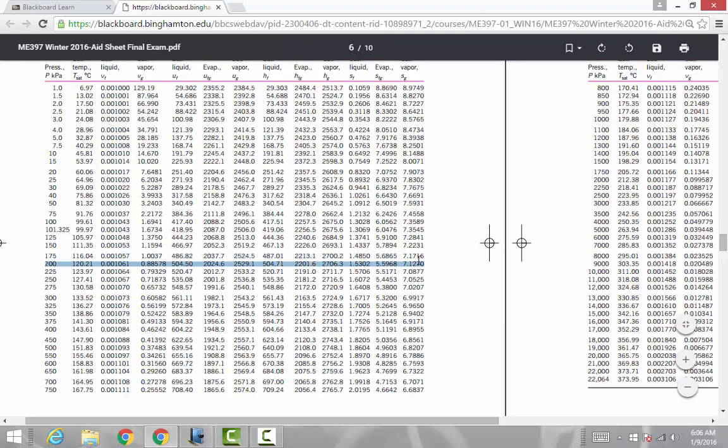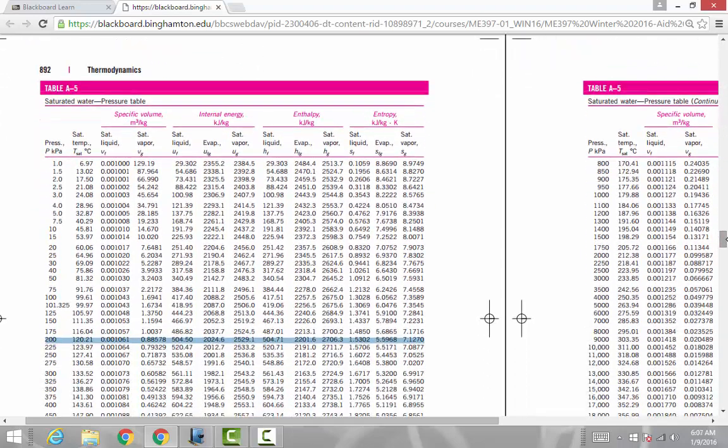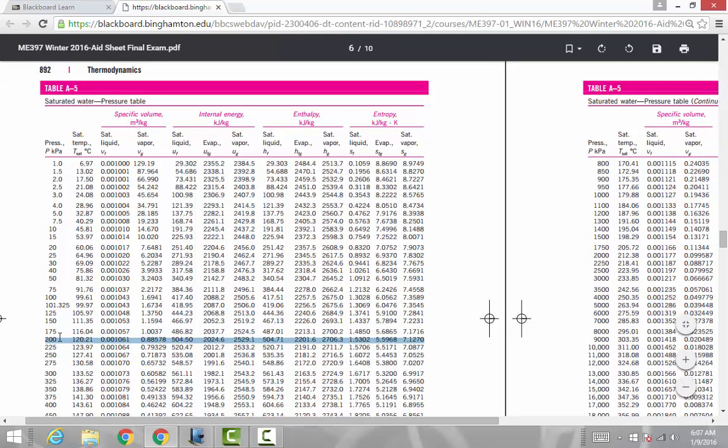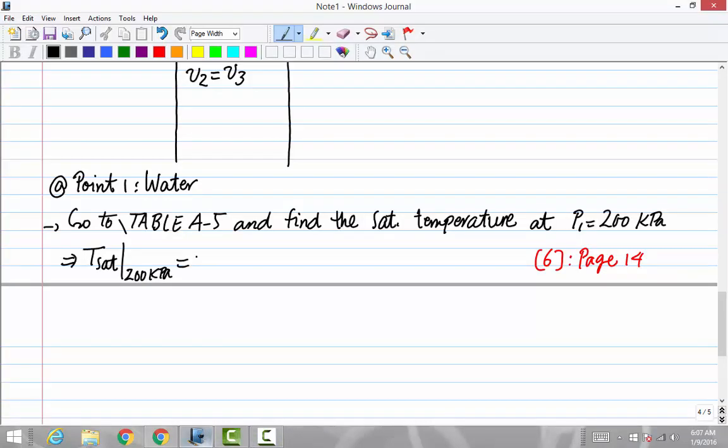Okay, and at this pressure, the saturated temperature, here's the second column, saturated temperature on top. It says 120.21 degrees C, right?